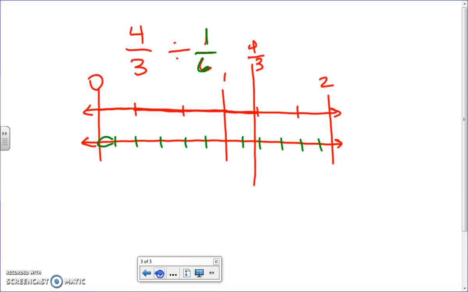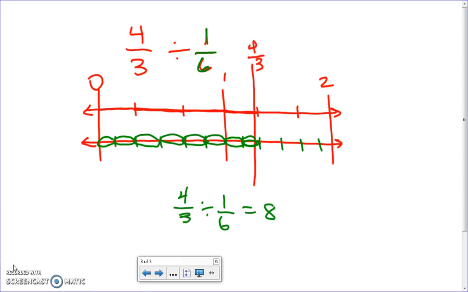So the first 1/6 would be there. 2, 3, 4, 5, 6, 7, 8. So with the model, you can see as well, I know that 4/3 divided by 1/6 equals 8. 8 1/6 pieces fit into 4/3.